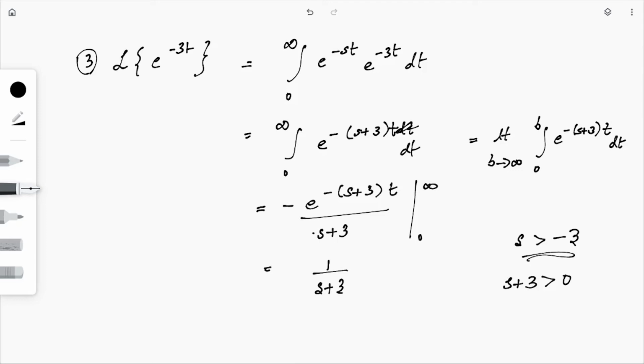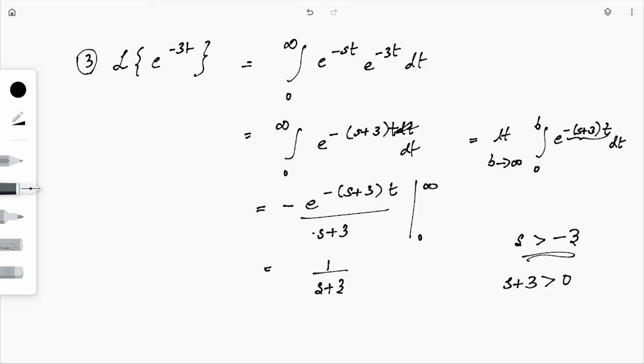So for this to remain convergent, the only way is s plus 3 must be greater than 0. Okay, so s plus 3 greater than 0 implies s should be greater than minus 3. So I hope this concept is clear.